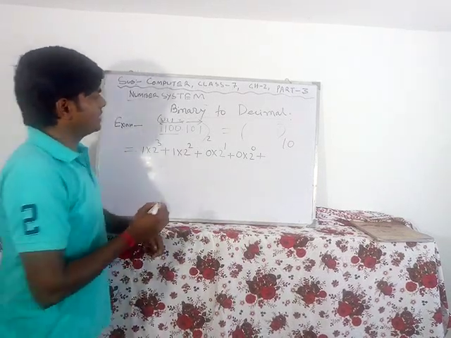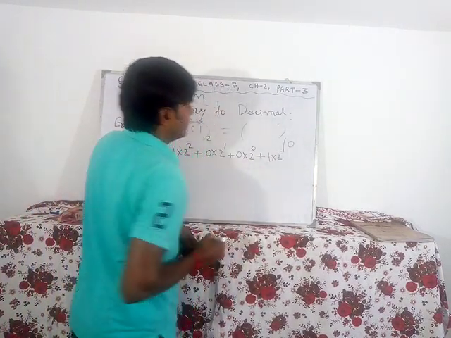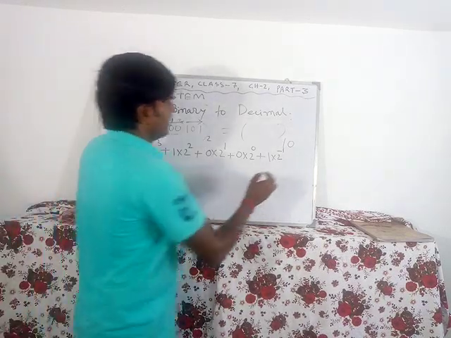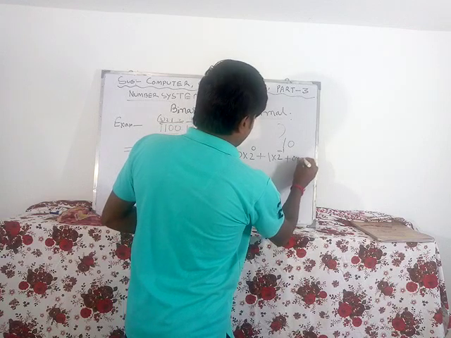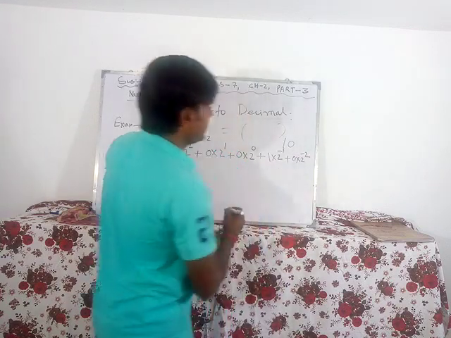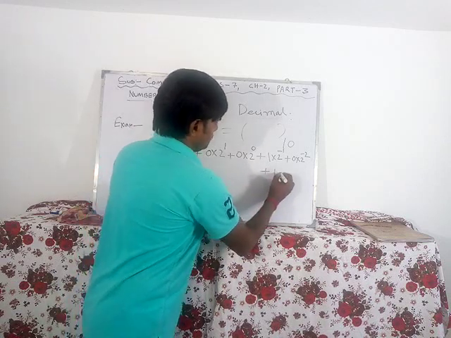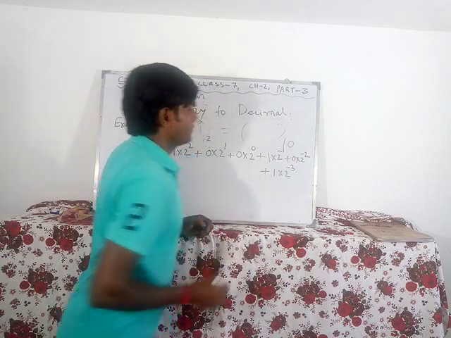So the first number is 1, so 1 into 2 to the power minus 1, plus 0 into 2 to the power minus 2, again plus 1 into 2 to the power minus 3.